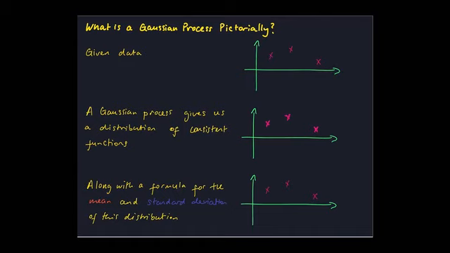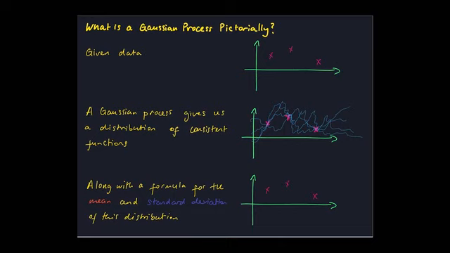Basically, if we have some data, we can think about sampling lots of random functions that are consistent with the data, and we can get this distribution. Notice that all the functions go through the data, but they're random away from the data.